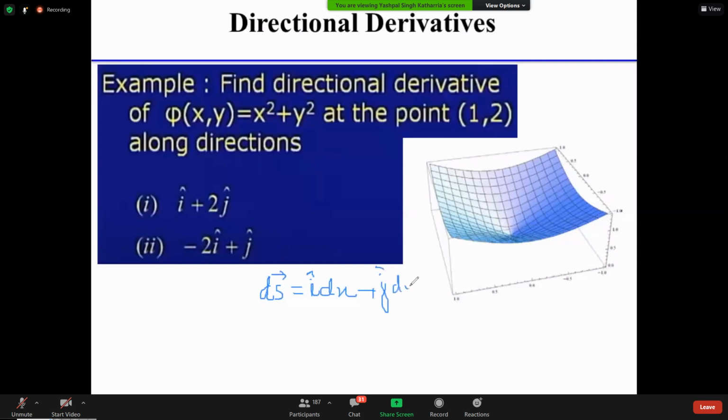It's an infinitesimal displacement vector in Cartesian coordinates. Similarly, if you write it in cylindrical coordinates or in spherical polar coordinates, then it comes in terms of r theta phi or r phi z. So this is a general infinitesimal length element or displacement, and then its magnitude can be given by the square root of dx square plus dy square.